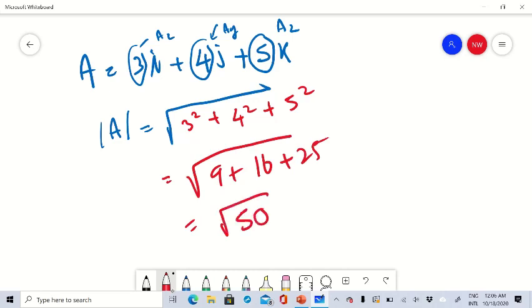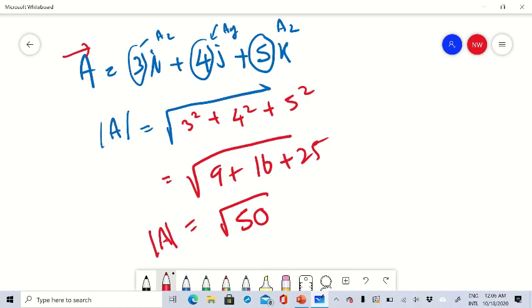It is plus or minus, but we take only the positive value. So the magnitude of the vector A, which is 3i plus 4j plus 5k, is the square root of 50.